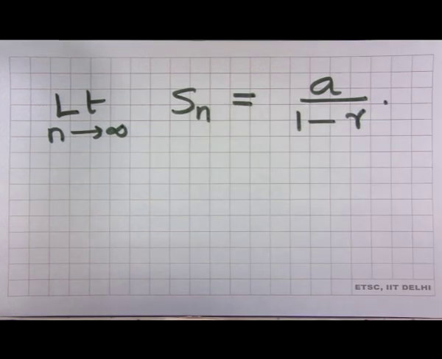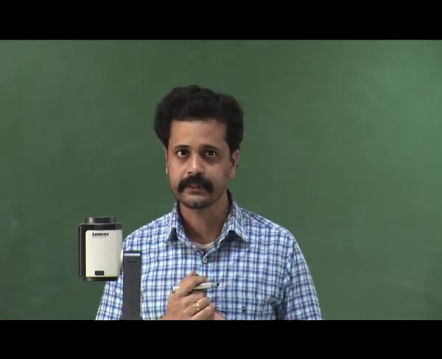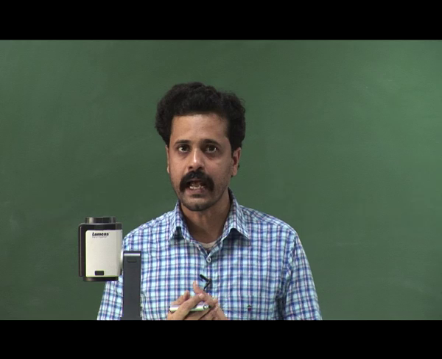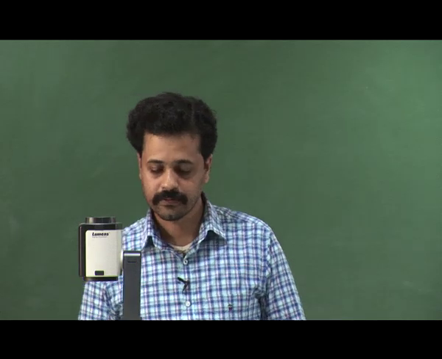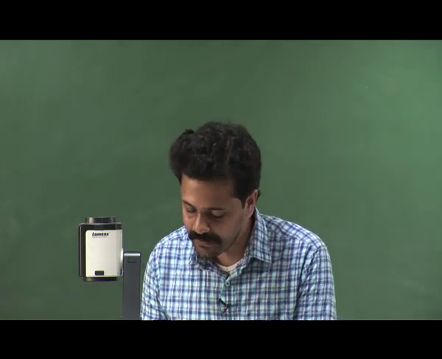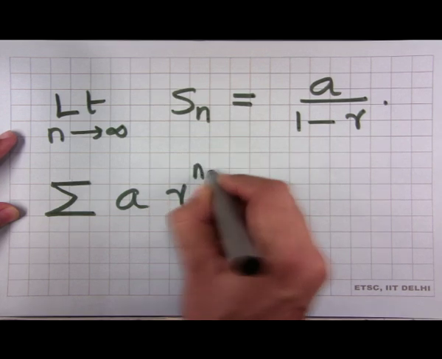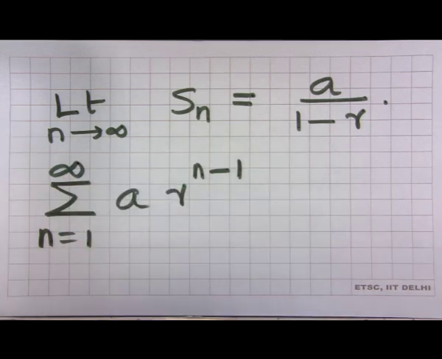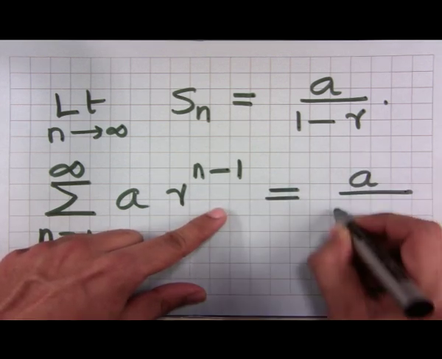If you recall the definition of an infinite series, or more specifically convergence of an infinite series, the limit of partial sums is what we call the sum of the series. Therefore, in this case, we conclude that summation a r power n minus 1, n equal to 1 to infinity, the sum of all terms of a GP, is a by 1 minus r.